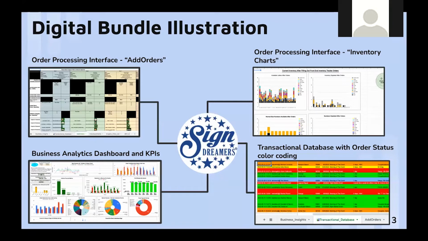And then going over to the right, that's our transactional database, so almost like a CRM. I didn't want to make it too complicated. It's just our customer data that comes in through a pipeline from our order form, and it goes right into this spreadsheet. And the colors you see there mark order statuses.